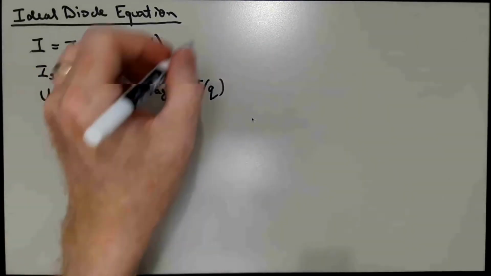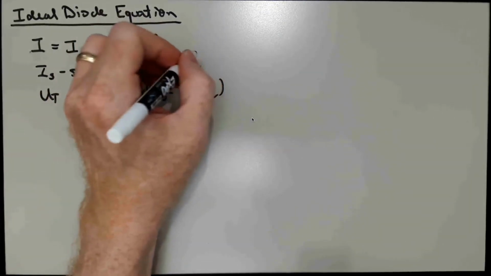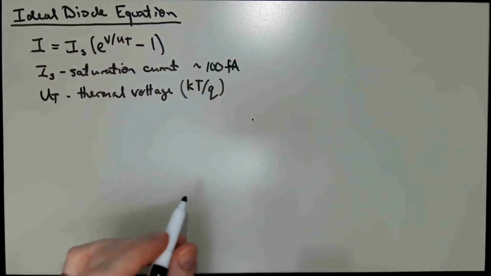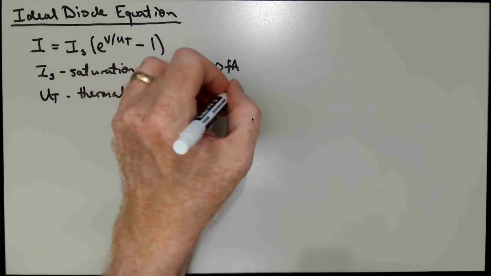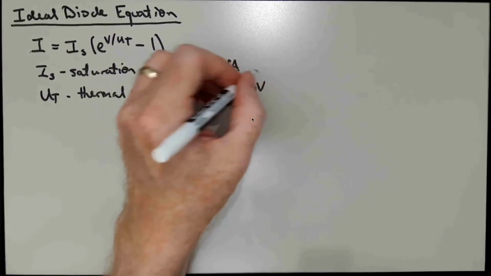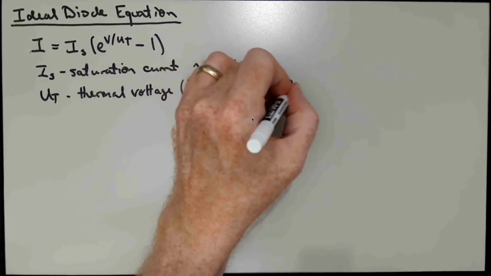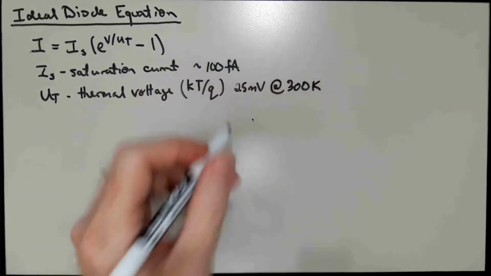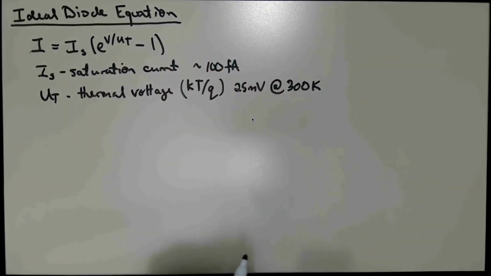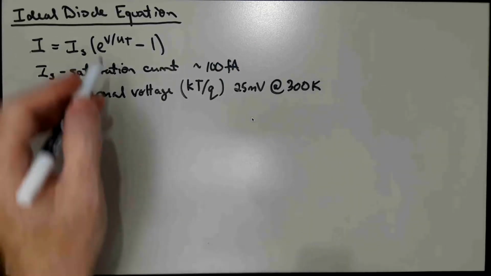And Is is typically like 100 femtoamps or so. At room temperature, Ut is about 25 millivolts at 300 Kelvin. It's like 25.8 or something like that. 25 is a nice round number because 1 over 25 is 40.